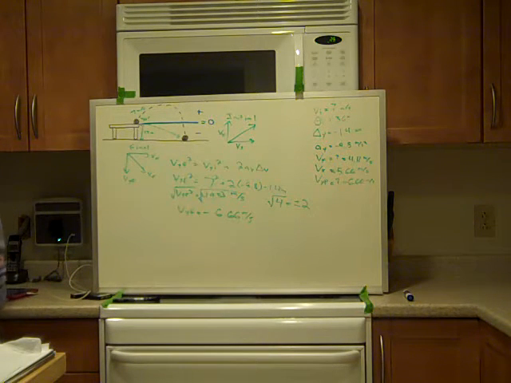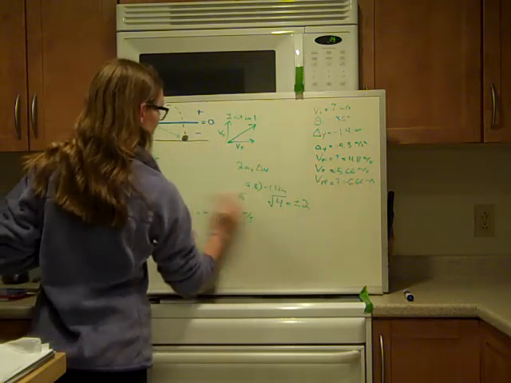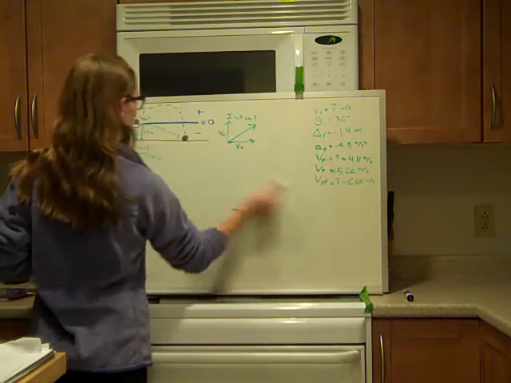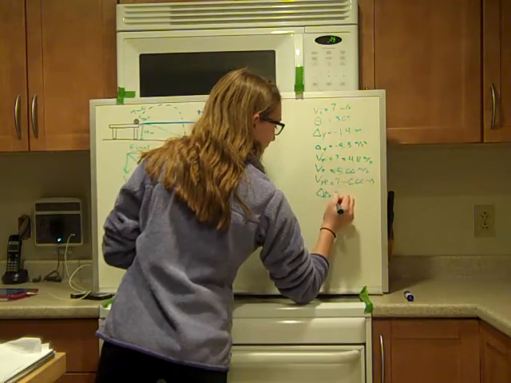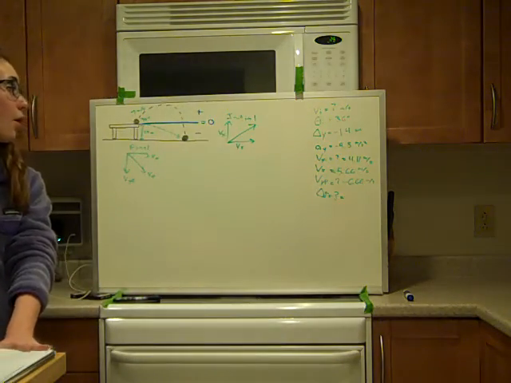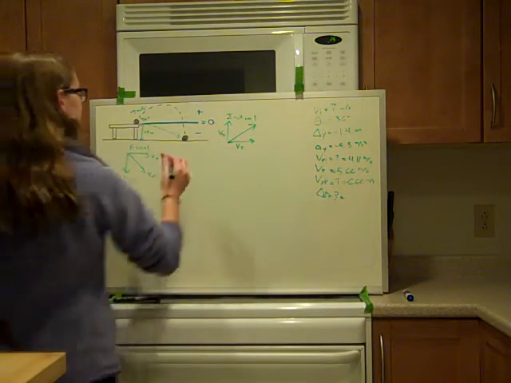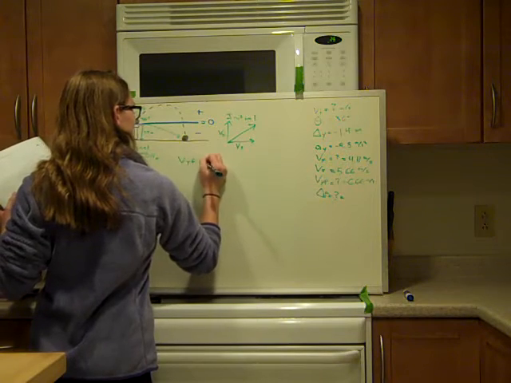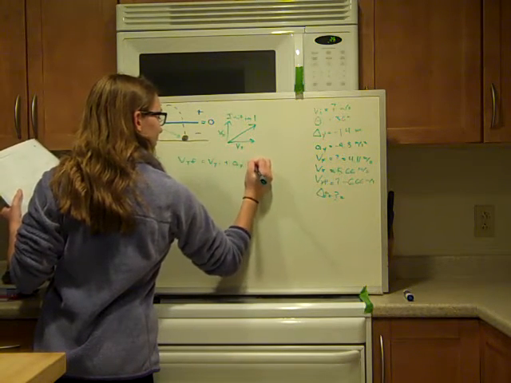What is the total time in the air? So the total time is delta t. Delta t equals question mark, we don't know yet. To find delta t, I'm going to use the equation vyf equals vyi plus ay delta t.